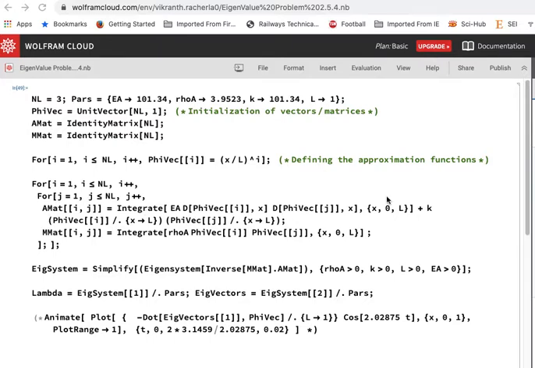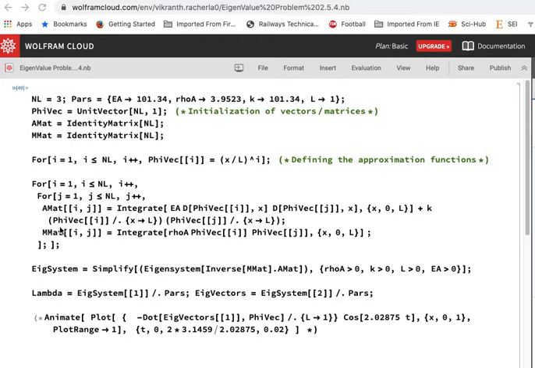Integral 0 to L of EA times d phi I dx multiplied by d phi J dx plus K multiplied by phi I at L times phi J at L. Okay, so this is the definition of Aij.